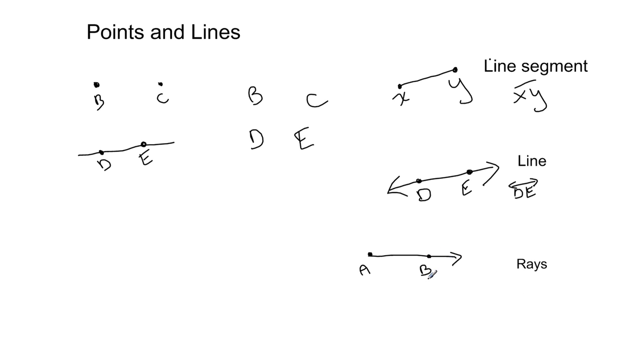To name them, we pick two points on the line, A, B, and we just draw an arrow, but only on one side. You can put the dot right over the letter where the point starts to name it. We're not going to get too technical, but this distinguishes a ray from a line segment.